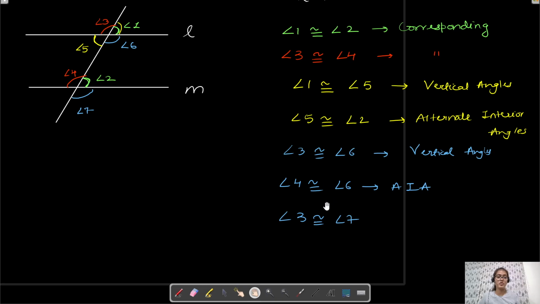And some people also call angle 3 and angle 7 alternate exterior angles. So exterior because angle 3 and angle 7 are kind of outside these two parallel lines, and alternate interior angles are angle 5 and angle 2 because they lie between the two parallel lines. So angle 3 and angle 7 are alternate exterior angles.